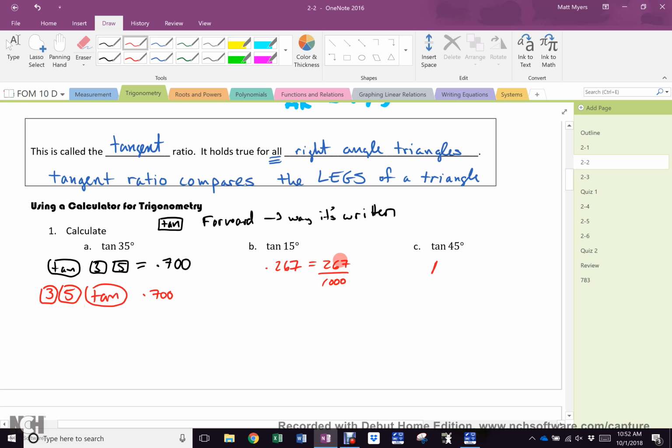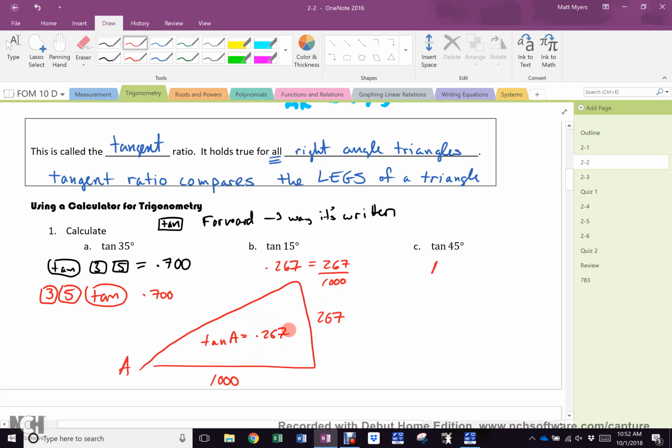Everyone knows that, yes? So if I drew this triangle, and I told you this was 267, what would this be? 1,000. And then the hypotenuse. And this angle right here, A, the tan of A is 267 divided by 1,000, 0.267.